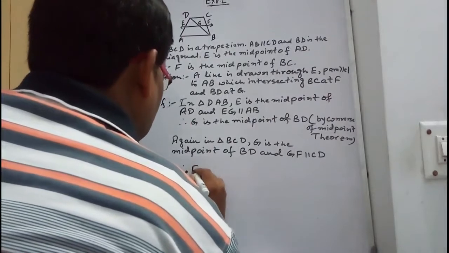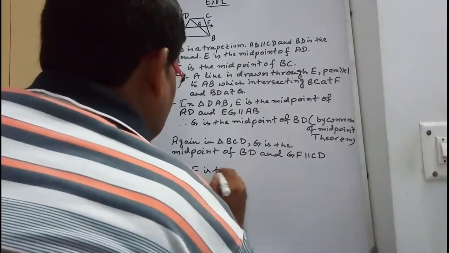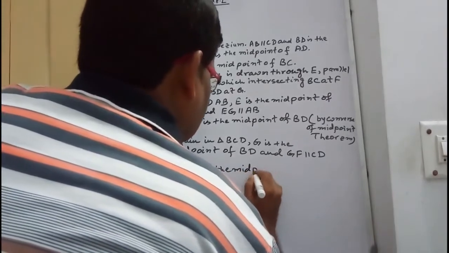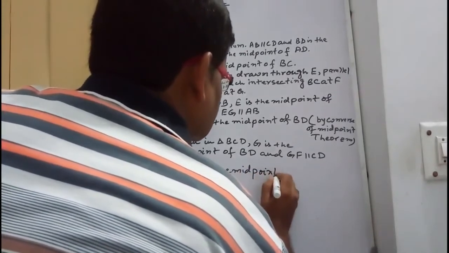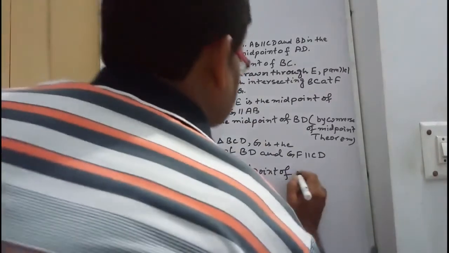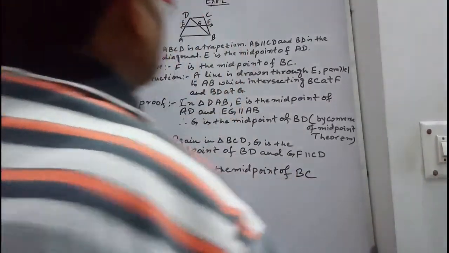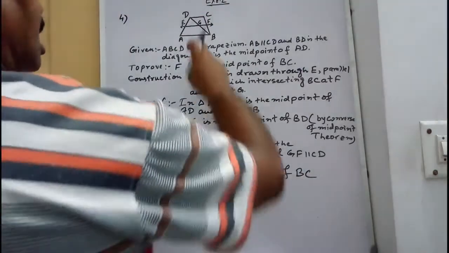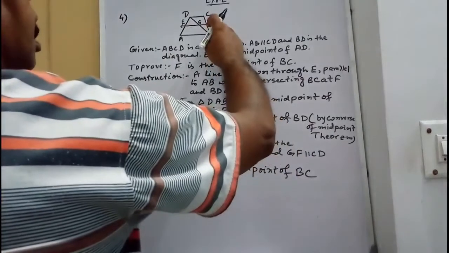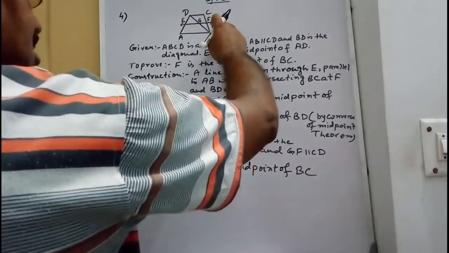Therefore, F is the midpoint of BC. So as G is the midpoint of BD, therefore F is the midpoint of BC.